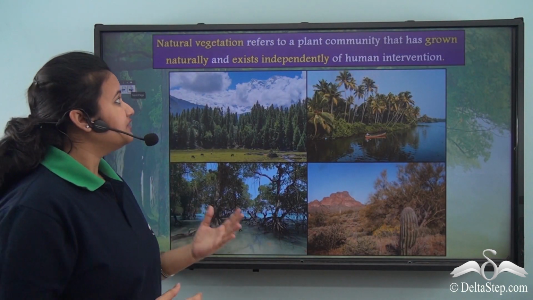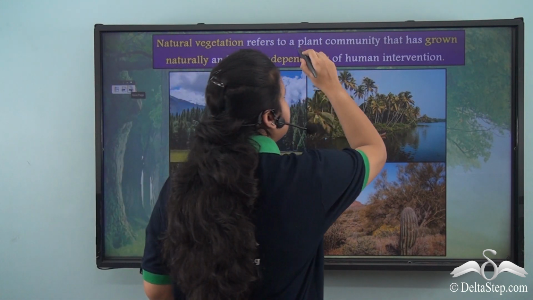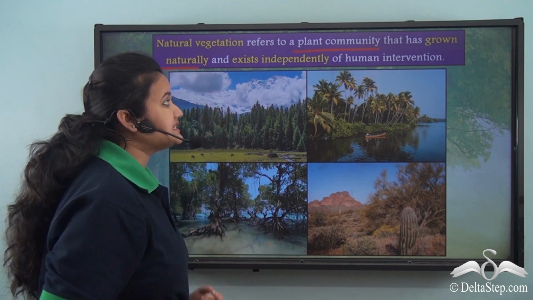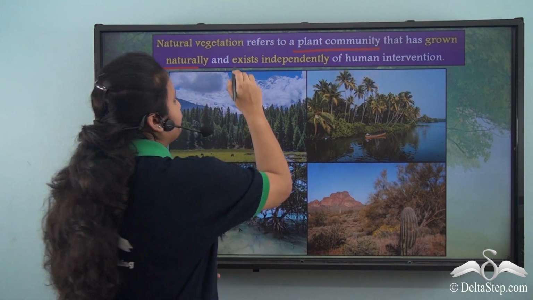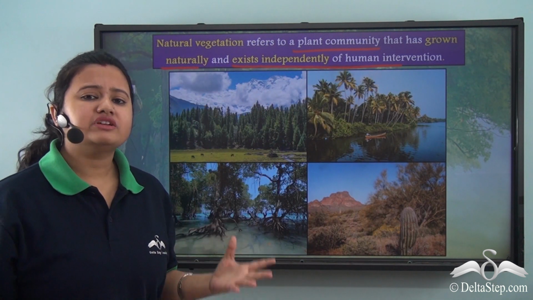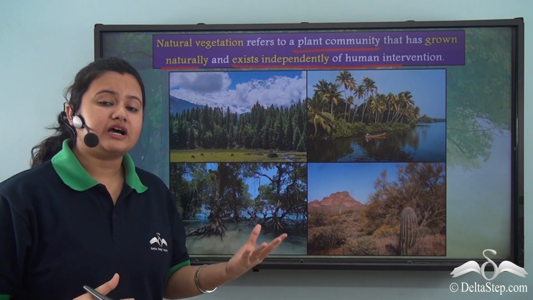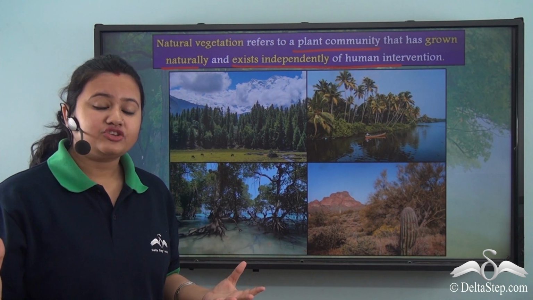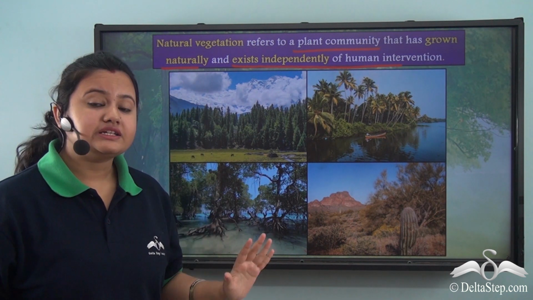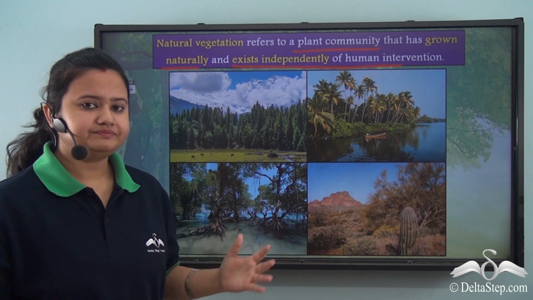Well, natural vegetation of any region refers to a plant community that has grown naturally and exists independently of human intervention. That is, any forests, grasslands, shrubs, etc. that have cropped up or have grown naturally without human aid and have been left undisturbed by human beings for a long time.